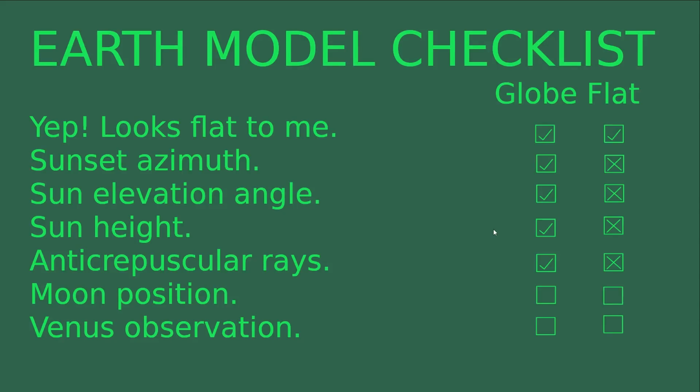Now the moon position. It was roughly in the right area, and right about 28 degrees in the sky and east-southeast, so I'm going to give that a tick. Now for the moon, who's to know? I'm not sure that the flat earth has any model that can predict the moon position.